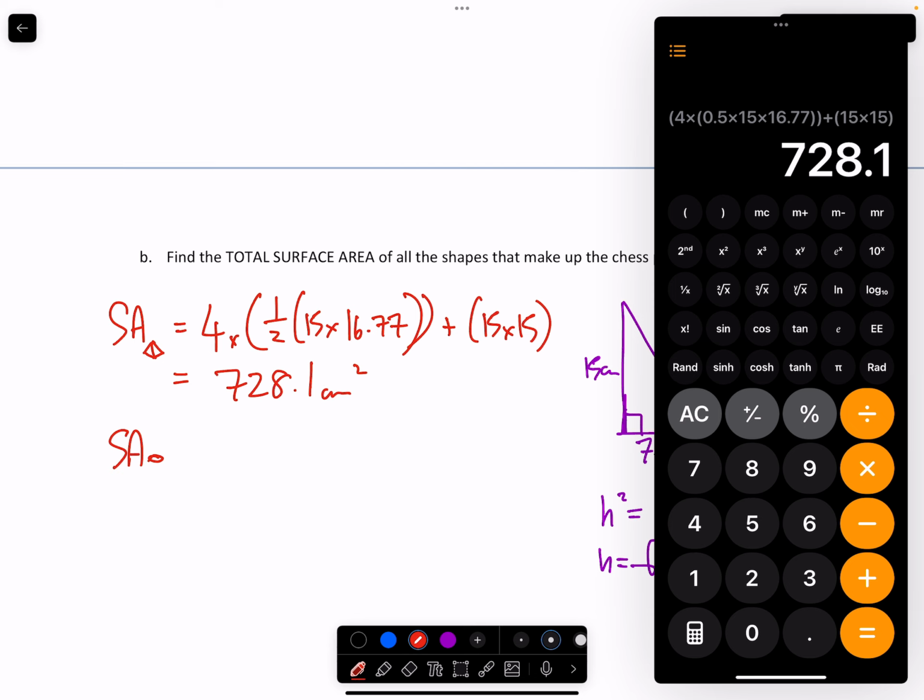Surface area of the cylinder is equal to 2 circles, the top and the bottom, so 2 times pi times the radius squared, plus the rectangle that wraps around, which is 2 times pi times the radius times the height of the cylinder.